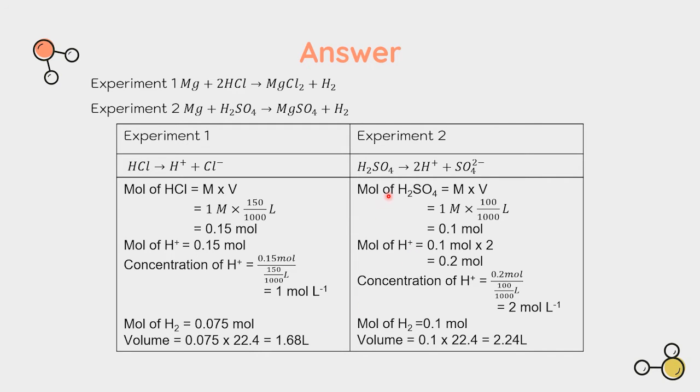Similarly, for experiment 2, sulfuric acid will break down into hydrogen ions and sulfate. And again, we calculate the mole for the sulfuric acid, where 1 molar times 100 divided by 1000, we get 0.1 mole.